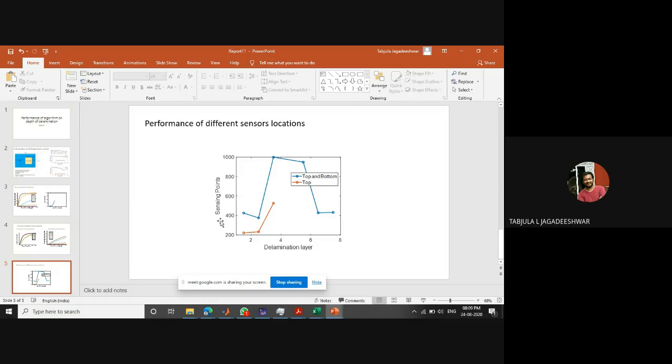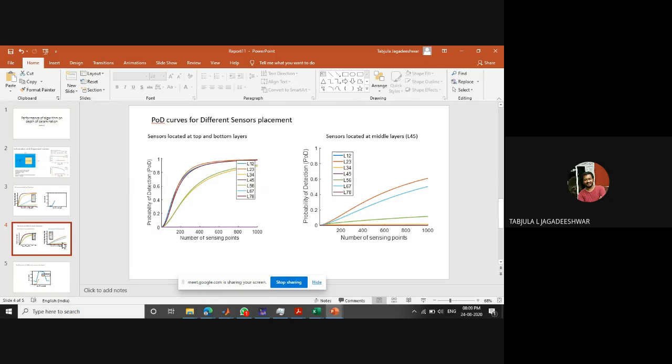Even if you keep the sensors in the mid layer, layer 4 and 5, our sensors are located in the same layer, and the delamination is also located in the same layer, you cannot identify the defect. The POD curve for L45 for this sensor configuration is almost a flat curve parallel to the x-axis. It starts from zero every time, and there is no hit irrespective of the number of sensing points.